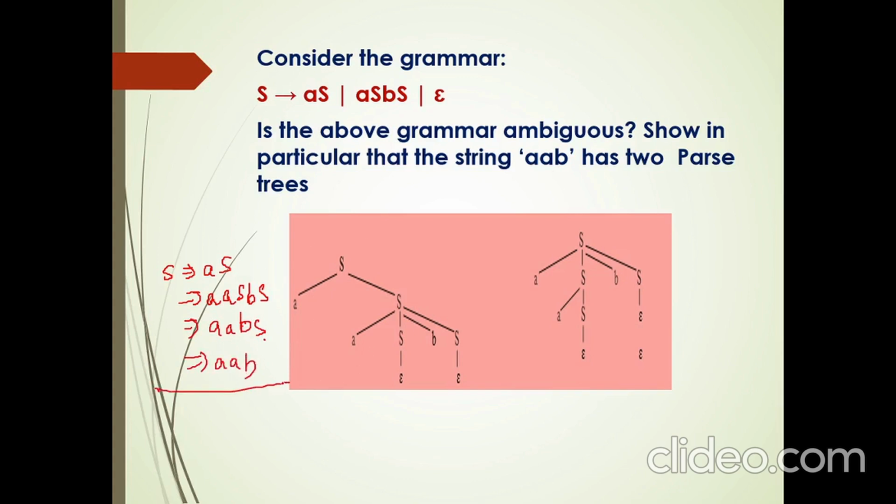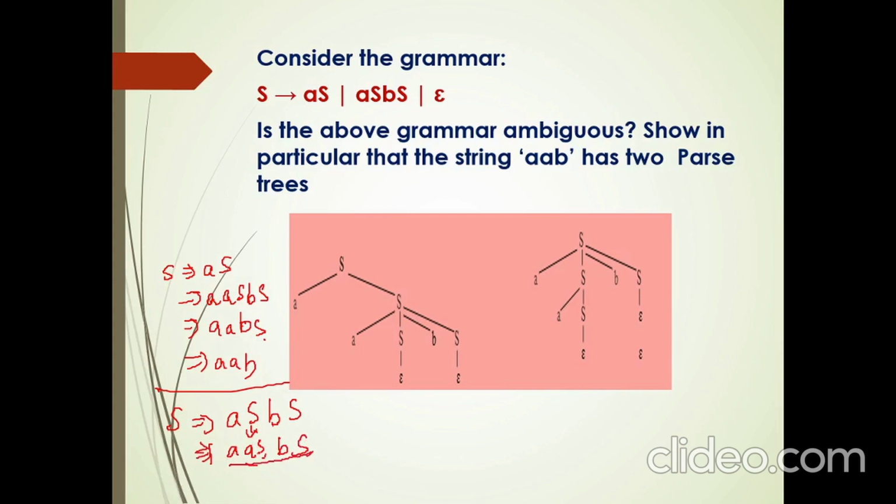Let us see one more leftmost derivation. Let's start from ASBS. Now before B I have to get one A, so somehow this S has to give me A. That's why this S needs to be substituted by this production, so this S is replaced by ASBS.